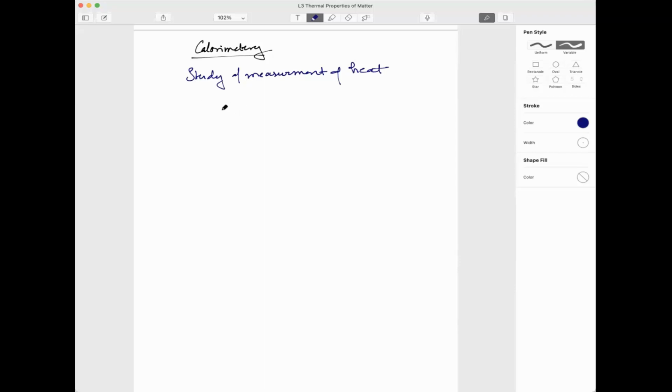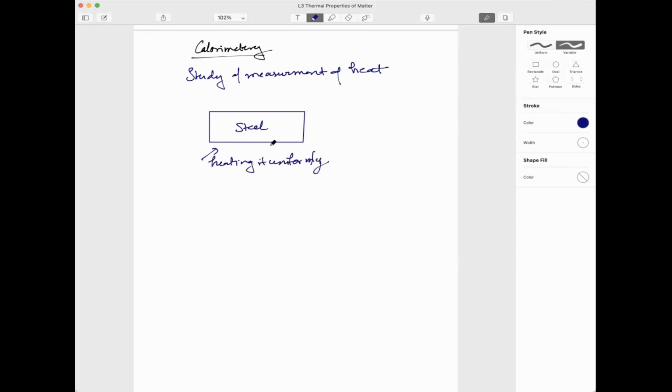Before going to the specific heat, I want to give you a feel of the concept of calorimetry. Suppose we are given a material, let's take steel, and you are heating it uniformly.